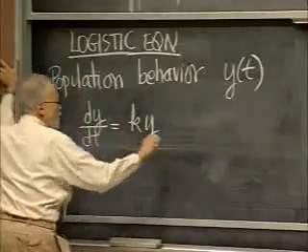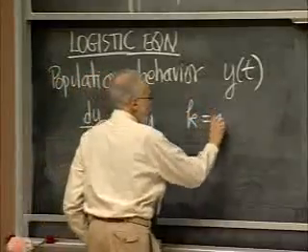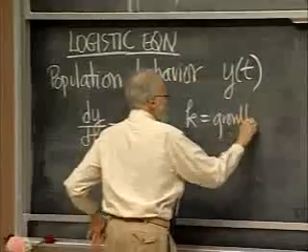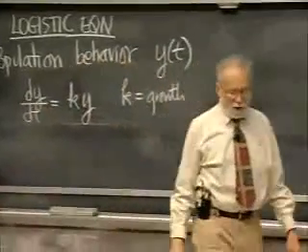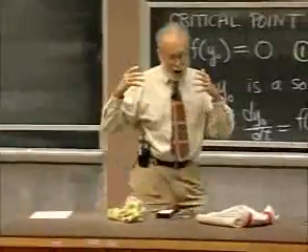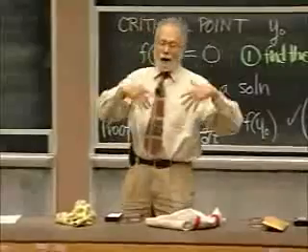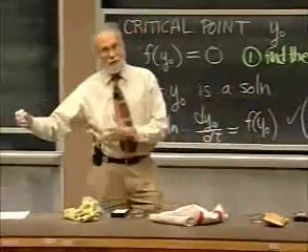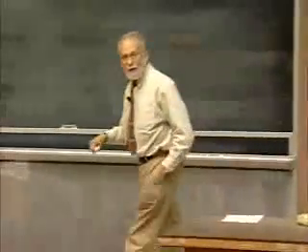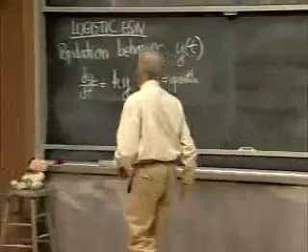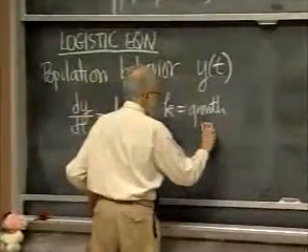Sometimes it's talked about in terms of birth rate, but it's the net birth rate: the rate at which people or bacteria or whatever are being born minus the rate at which they're dying. But let's just call it the growth rate.